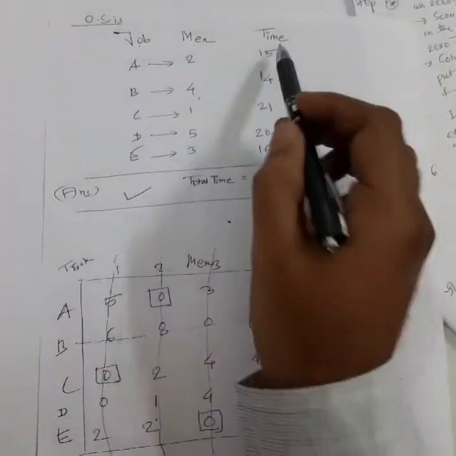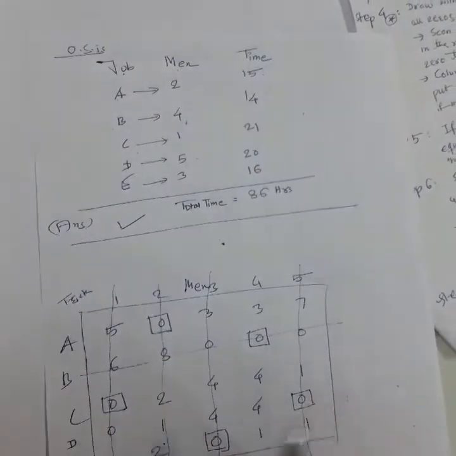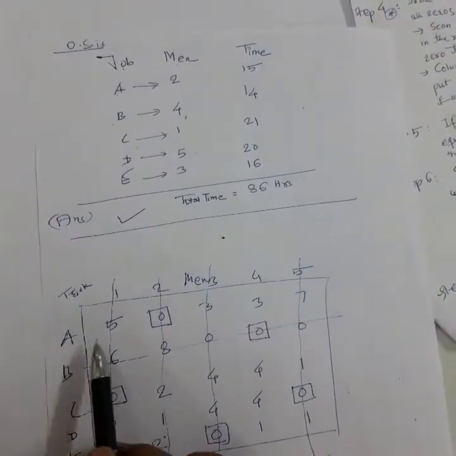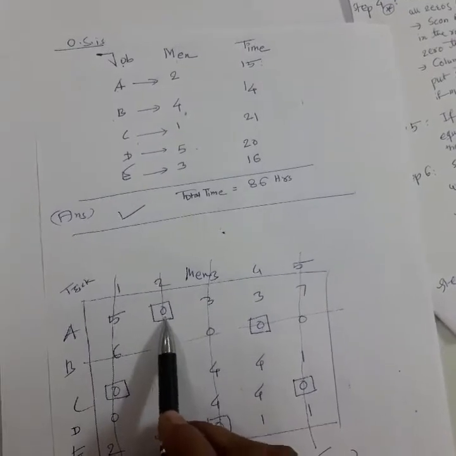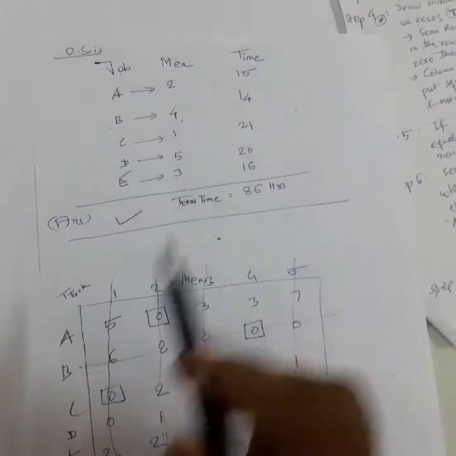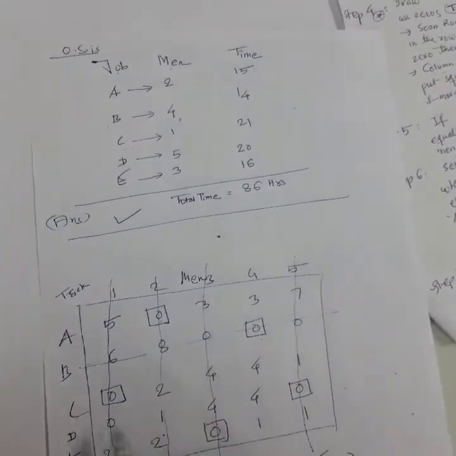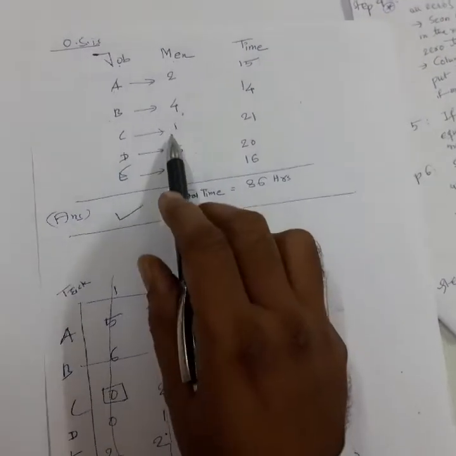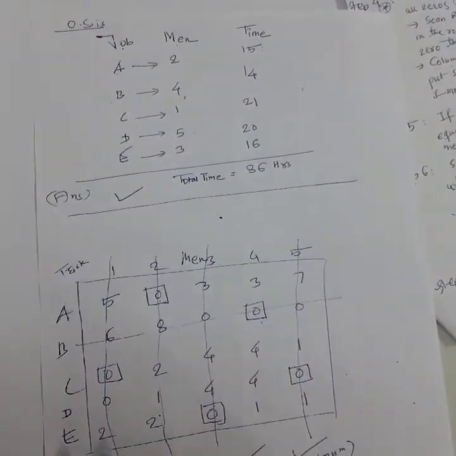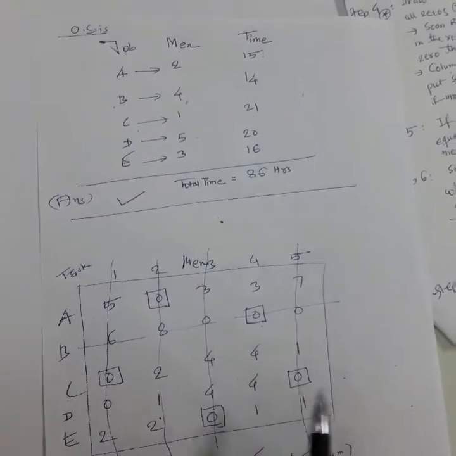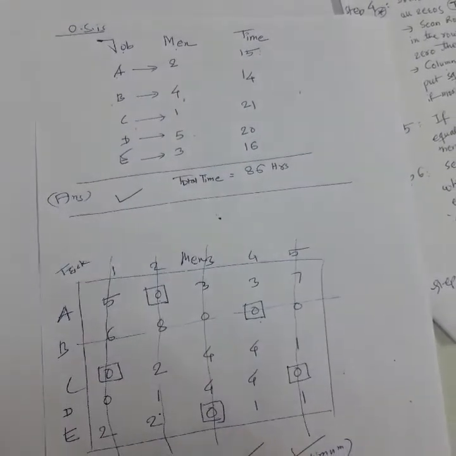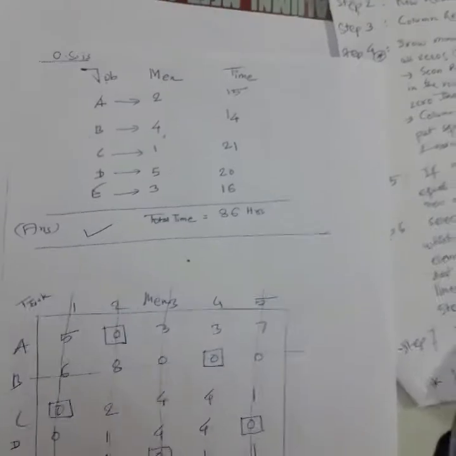Jobs, main and time, like this. Job A is allocated to the second main, B is allocated to the fourth person, C to the first person, D to the fifth person, and E to the third person, like this.